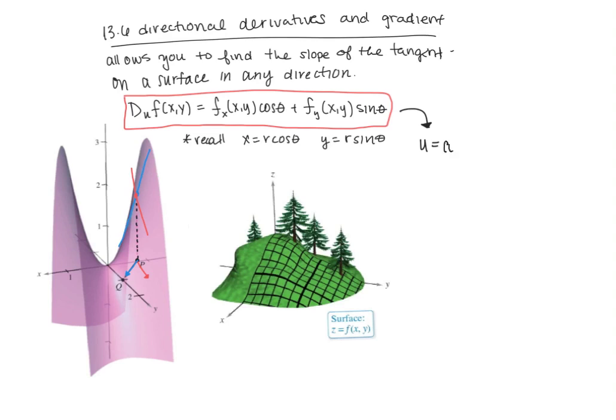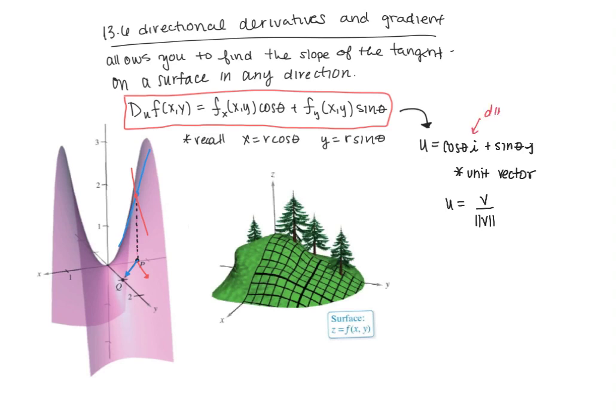So this will be cosine theta i plus sine theta j, and it must be a unit vector. Now in the previous chapters we talked about unit vectors, where the unit vector is the original vector divided by its magnitude so that it's a unit vector, so that'll come into play soon. But this tells you the direction that you're going.